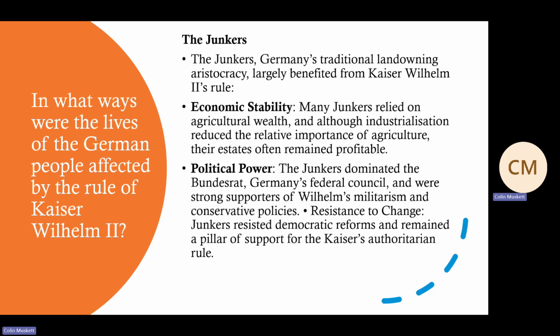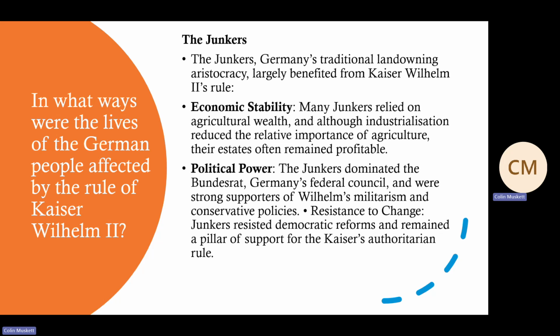Now, the Junkers, we've already mentioned them. These were the old traditional landowning elite. Many of them came from Prussia. Many of them enjoyed a privileged position within the parliamentary system. They dominated the Bundesrat, which was the council that existed above the elected Reichstag.